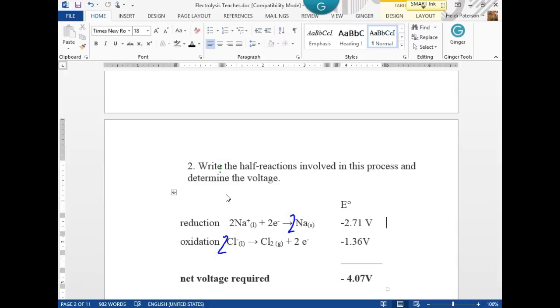The number of atoms are not balanced because we see that chlorine has 2 parts chlorine on the right hand side, which means you need 2 chloride ions to lose 2 electrons in order to form the diatomic molecule of chlorine.